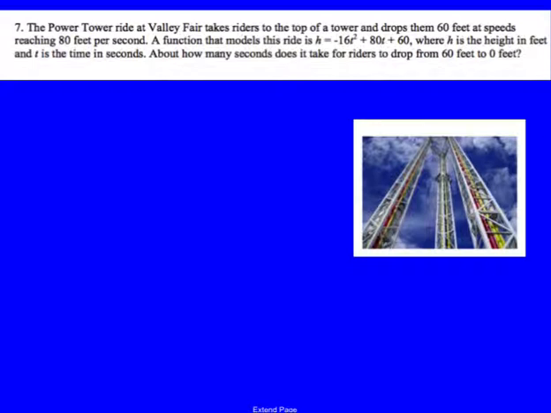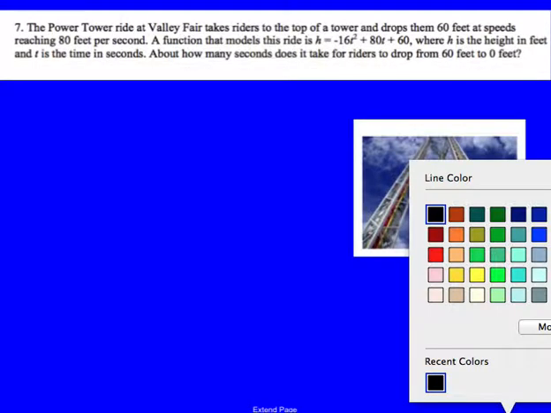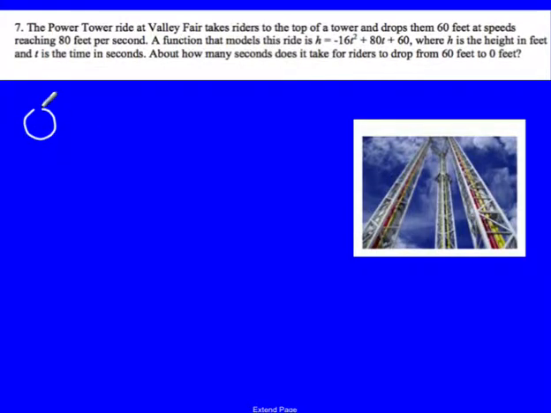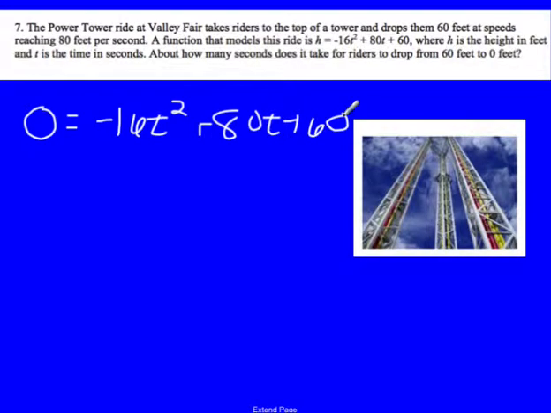So it asks us how many seconds it takes the riders to drop from 60 to 0 feet. Well, if we're starting at 60 and we're going to 0, all I have to do is plug in 0 for my h. So I have 0 equals negative 16t squared plus 80t plus 60. So now I can go ahead and plug this into the quadratic formula. So my a is equal to negative 16, my b is equal to 80, and my c is equal to 60.